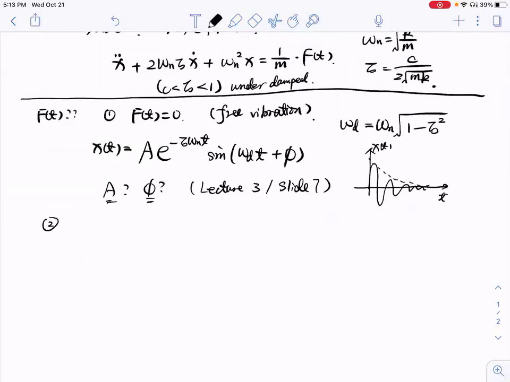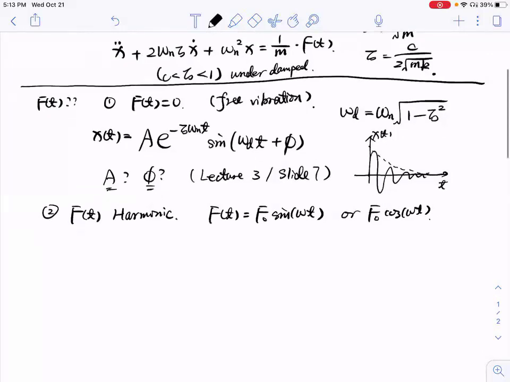In part number 2, we deal with this very special type of force, which is harmonic. When we say it's harmonic, then we have two forms. It's either a sine wave or a cosine wave. That means you only have a single frequency component in your force excitation.